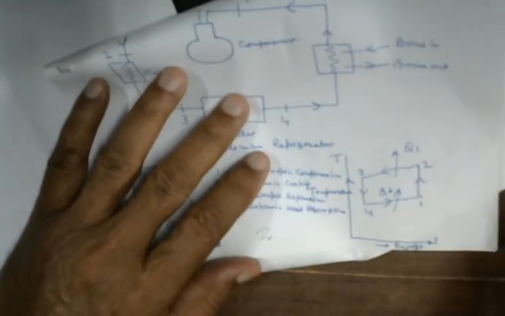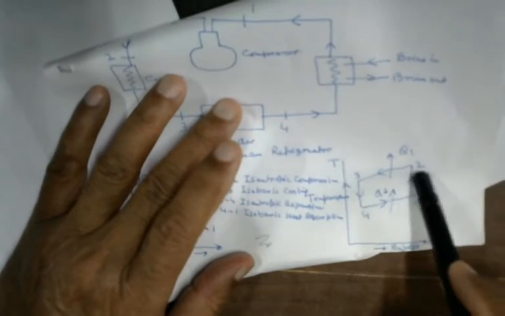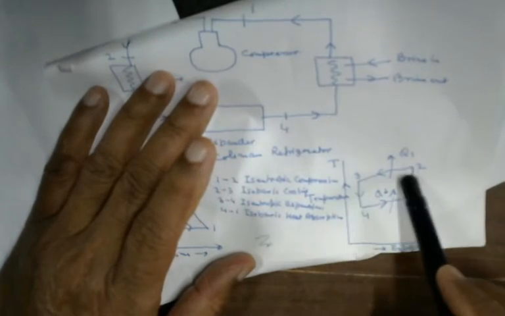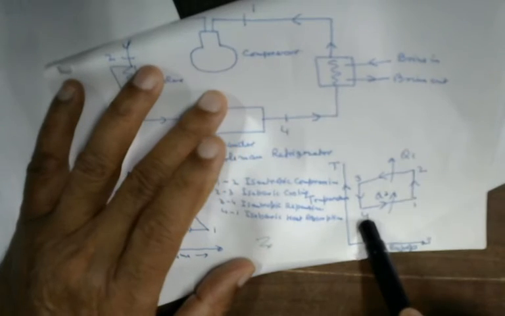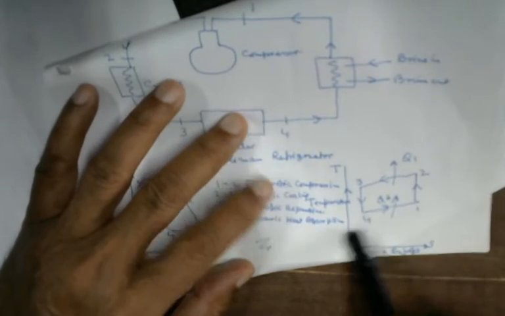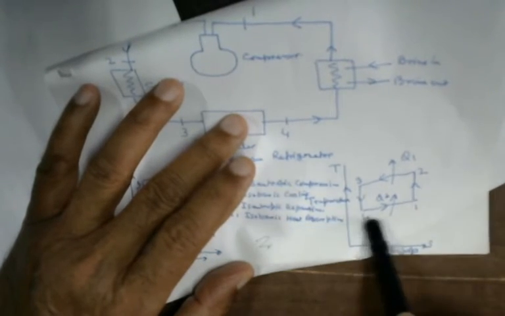In the 2-3 process, you see this constant pressure condensation process. Here heat is being rejected, and this is the isobaric heat absorption process. Two processes are there, so that has been explained over here.